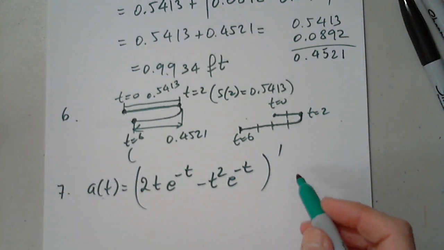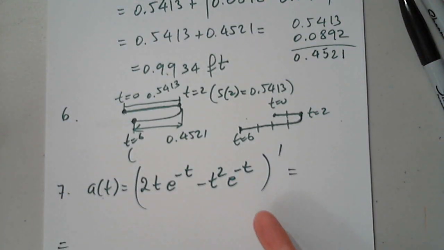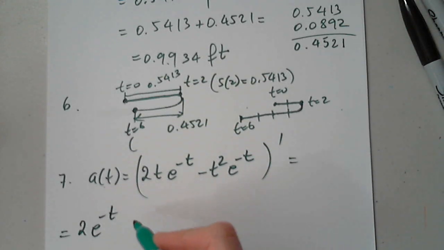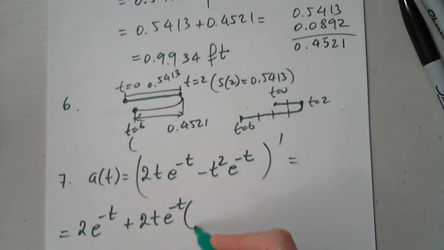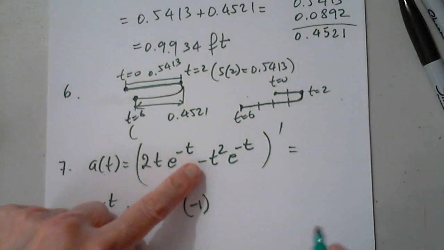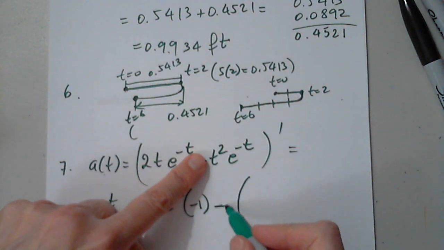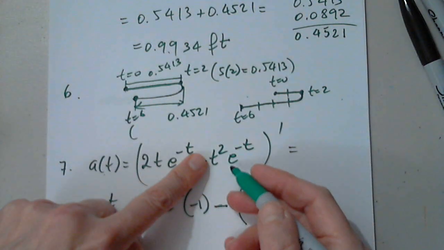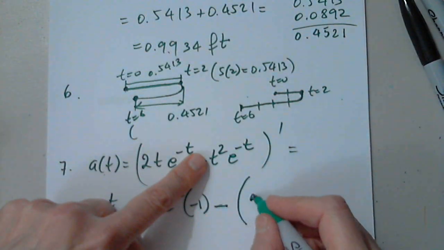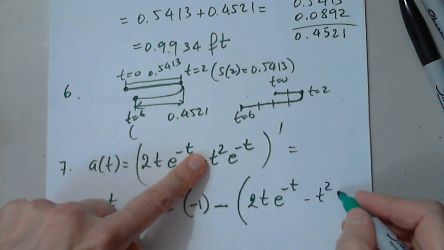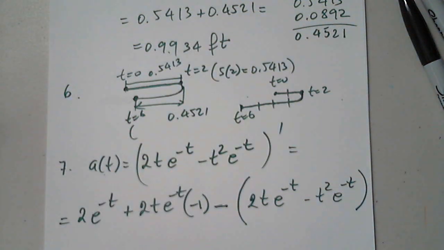I'm not going to differentiate the product. I already have 2 products to deal with here. So this first function prime is 2 e to negative t plus 2t e to negative t times negative 1. Now be very careful with negative. Leave it alone. Leave it outside. Open parentheses. So this one I know. We just did it a second ago. 2t e to negative t minus t squared e to negative t.